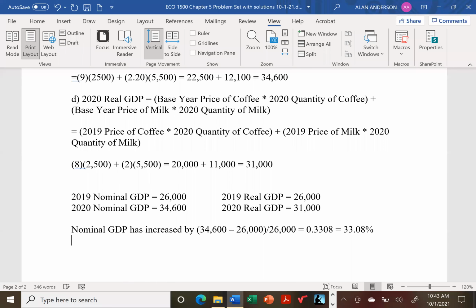But when you adjust for the prices, then you're going to find out how much actual output is increased. Okay, so the actual output, or real GDP, went up from 26 to only 31,000. And that's equal to approximately 19.23%.